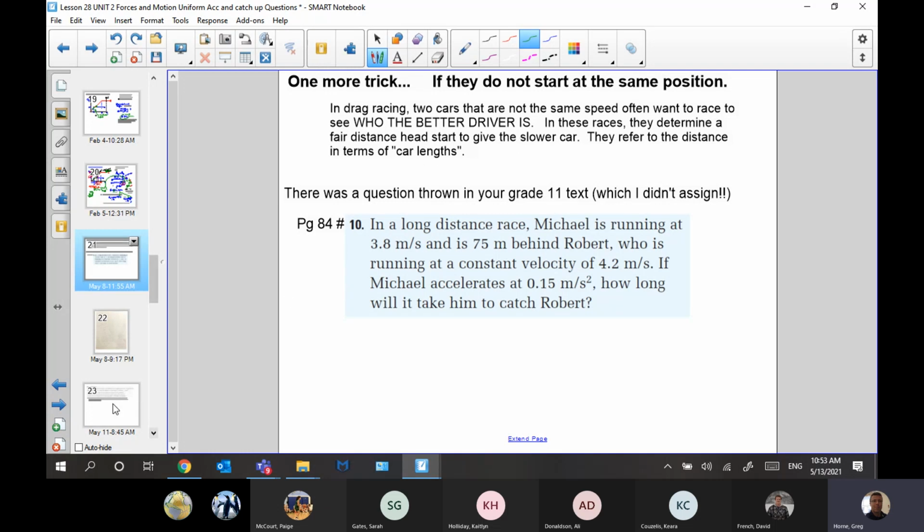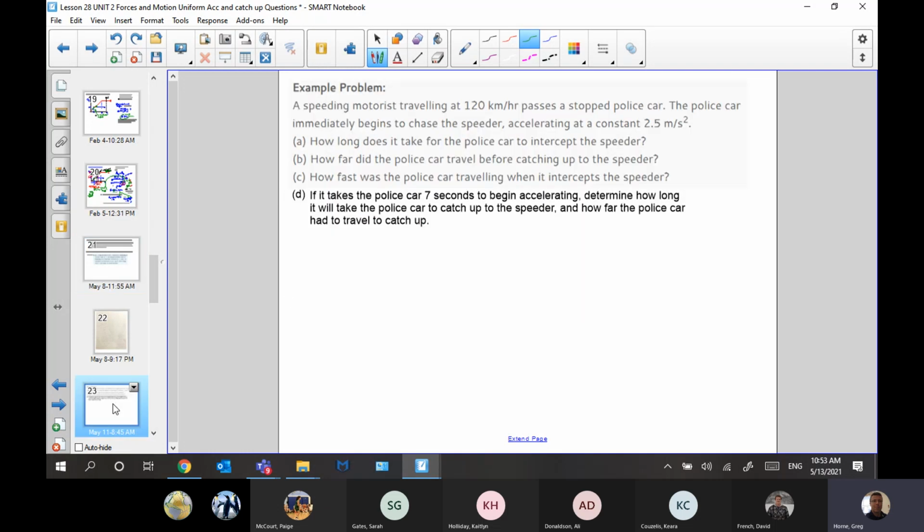So this is one reason why it could happen. But in general, it doesn't have to be that complicated. It can just be a police car and a motorist speeding past. Part D here is a catch-up question where they don't start from the same spot, because the police car takes 7 seconds to put down their laptop or whatever, get the car started, get pulled out into traffic and get going.